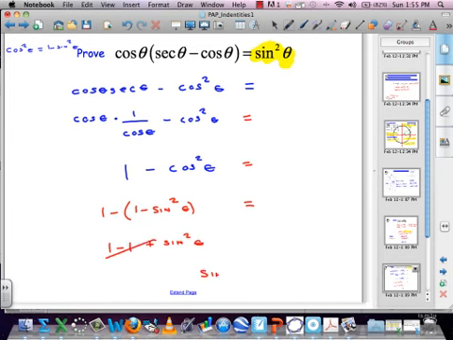I have what I started with on the right side, now on the left side. So that is one way to prove this identity, but what I did was I only worked with the left. I did legal moves, substitutions and distributions, until I got what I had on the right side. That's the idea behind proving identities.